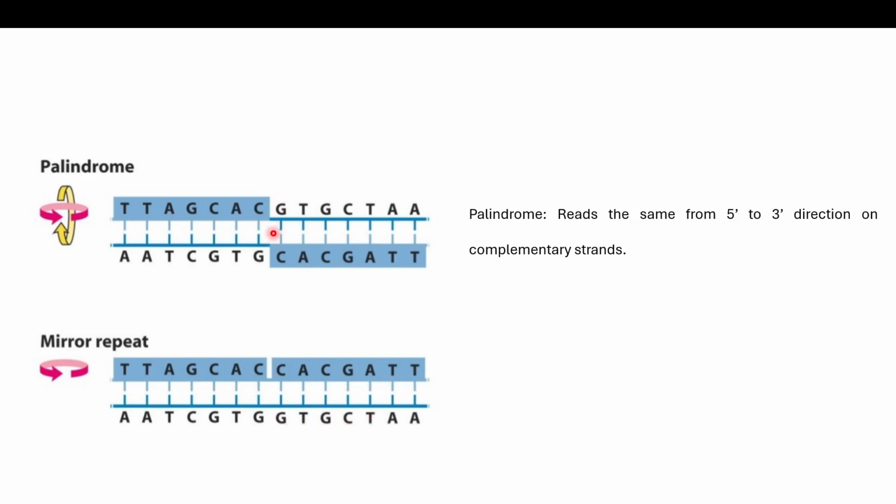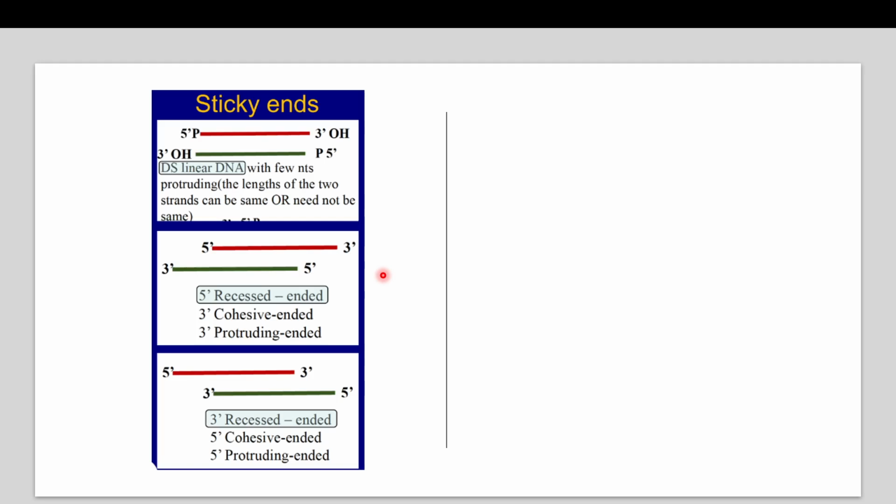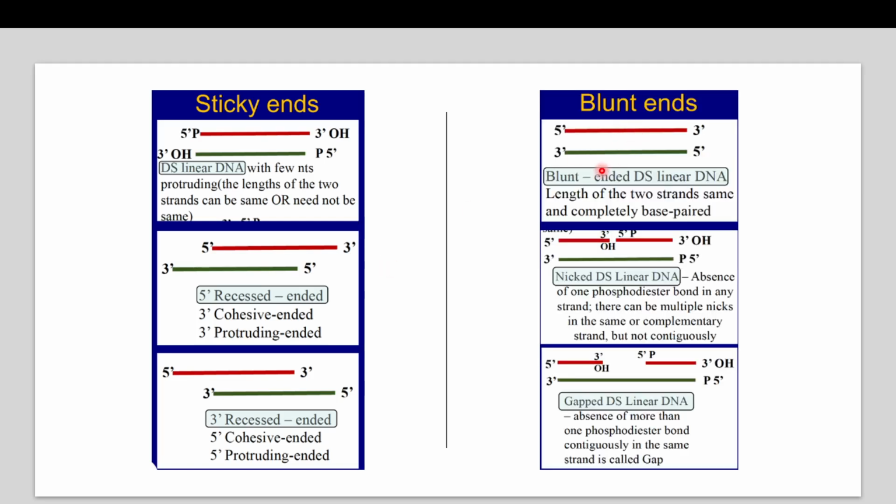But suppose it is cutting exactly here, then this is a blunt-ended DNA. And suppose something is cutting between T and A, and here between T and A, then this will produce overhangs or sticky ends. In the case of blunt-ended double-stranded linear DNA, the lengths of the two strands are the same and completely base paired. Here these particular overhangs are not base paired.